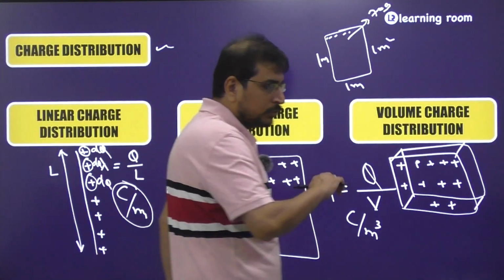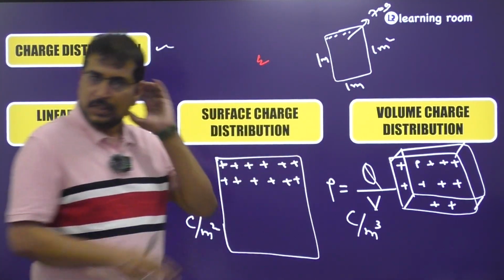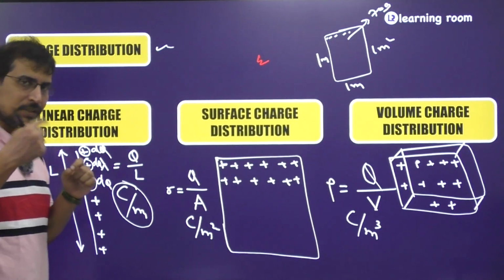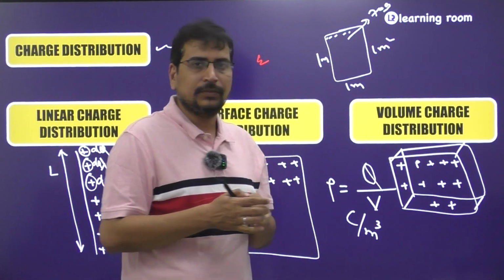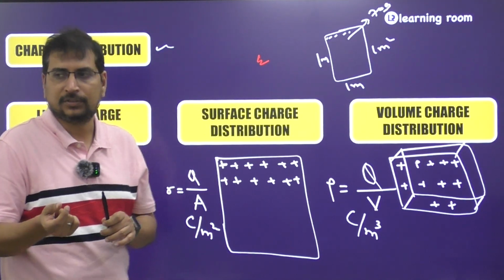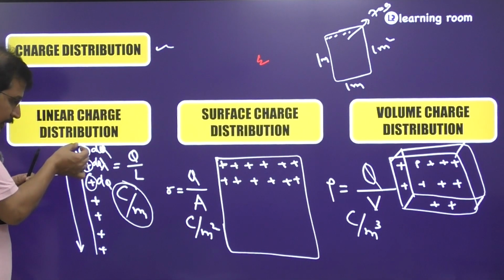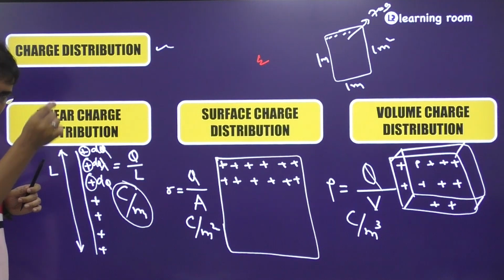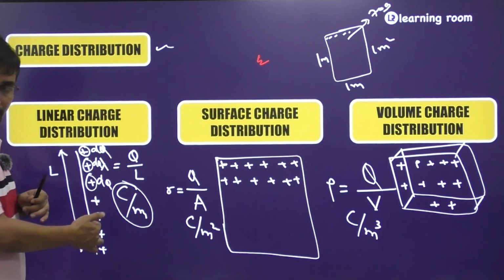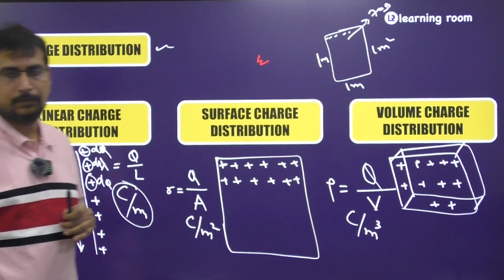Mostly, we take these kinds of charge distributions in the derivation part. At that time, all the charge distributions are taken in such a way that each charge is uniformly distributed. What is the meaning of uniformly distributed? The distance of separation between each such point charge, which sums up to the total charge, is going to be a constant.